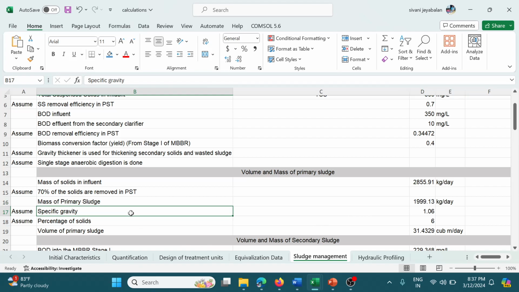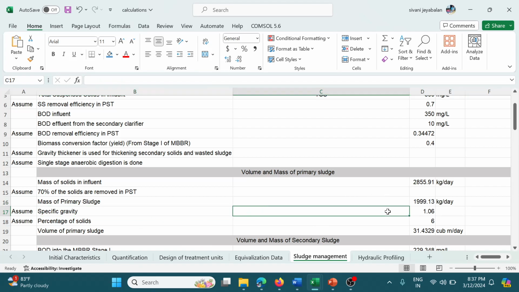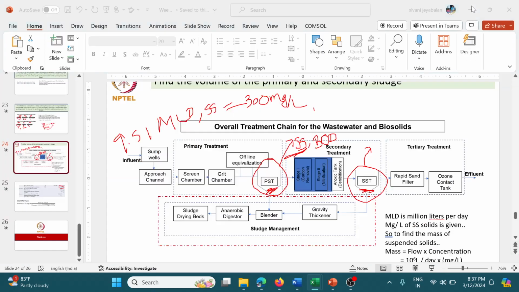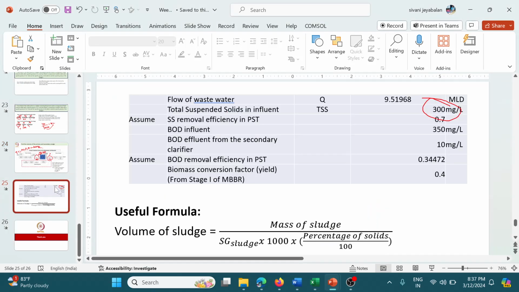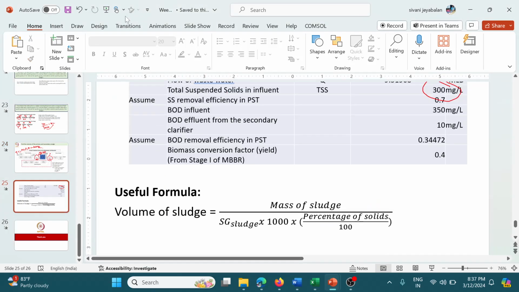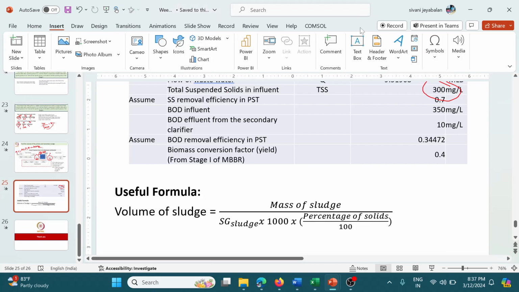Now assume the specific gravity of the primary clarifier sludge is equal to 1.06 and the percentage of solids is 6%. Here I'll write down the substitutions and you can tell me the answer directly.